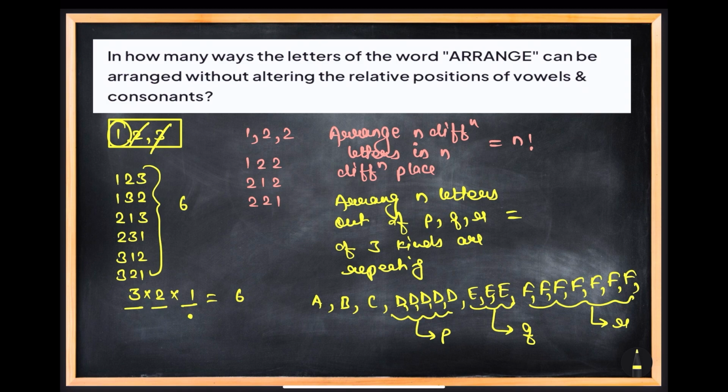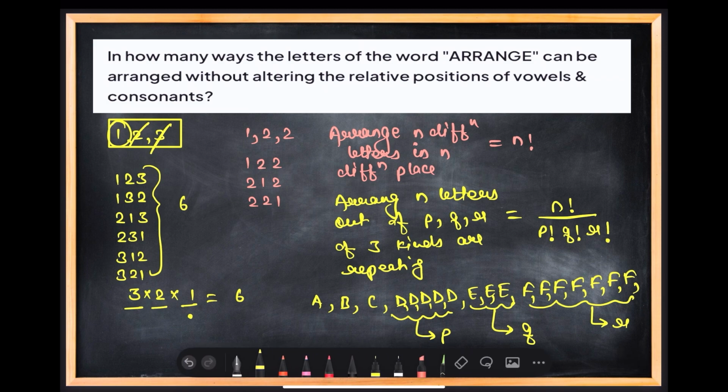So in this case, the number of arrangements is n factorial divided by P factorial, Q factorial, R factorial. And it is not necessarily true that it will be 3 only. It can be 4, 5, 6, 7, 8. It can be anything. It can be 1 as well. Is that clear?